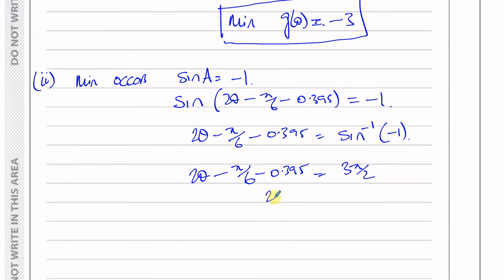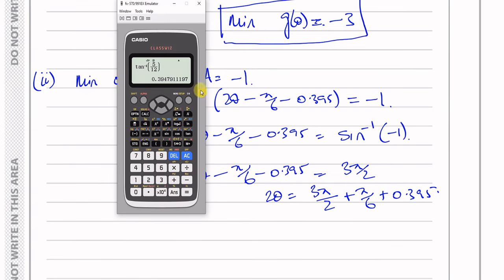So we can say that 2 theta is equal to 3 pi over 2 plus pi over 6 plus 0.395. Okay, so we can add those together. So we've got that already here, plus pi over 6, and also plus 3 pi over 2.